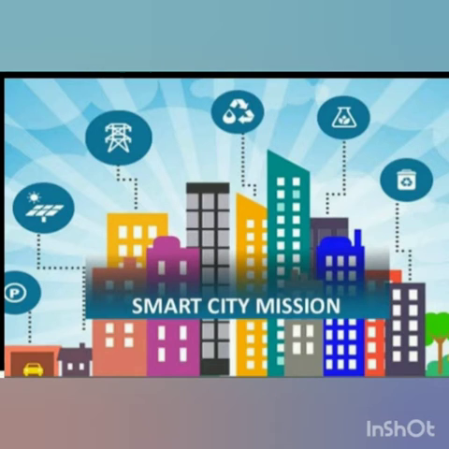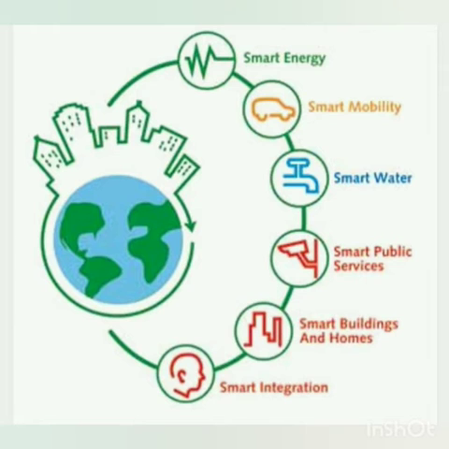According to the Smart Cities Mission, the main elements of a smart city would include adequate water supply, assured electricity supply, effective sanitation, effective public transport, affordable housing, especially for the poor, good internet connectivity, good governance, especially e-governance and citizen participation, sustainable development, safety and security of citizens, and health and education.